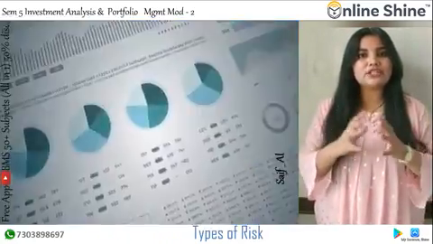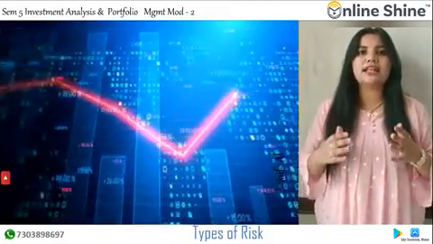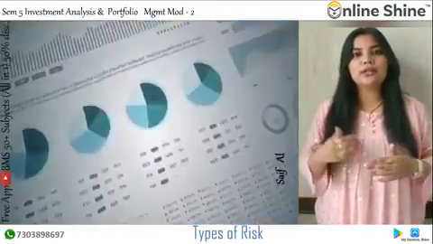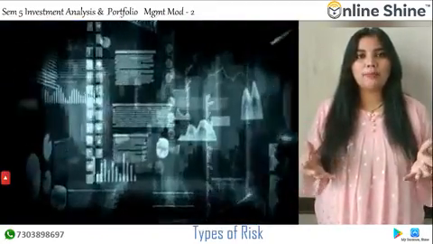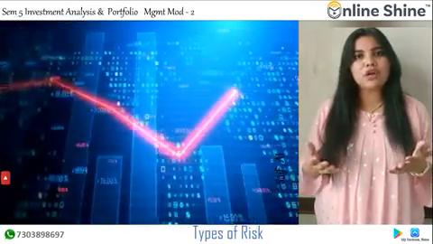For example, economic and political instability adversely affects all industries and companies. When an economy moves into recession, corporate profits will shift downwards, and stock prices of most companies may also decline.